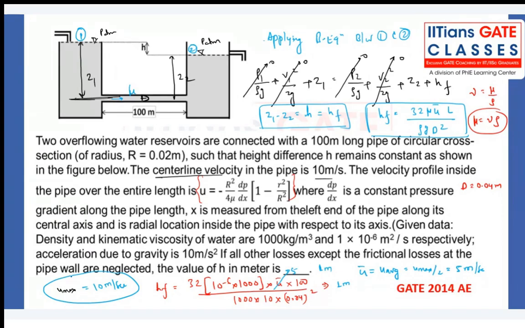You can get dou P by dou x from the maximum velocity formula, 1 upon 4 mu dou p by dou x into capital R square. You know every data, from there you can calculate.